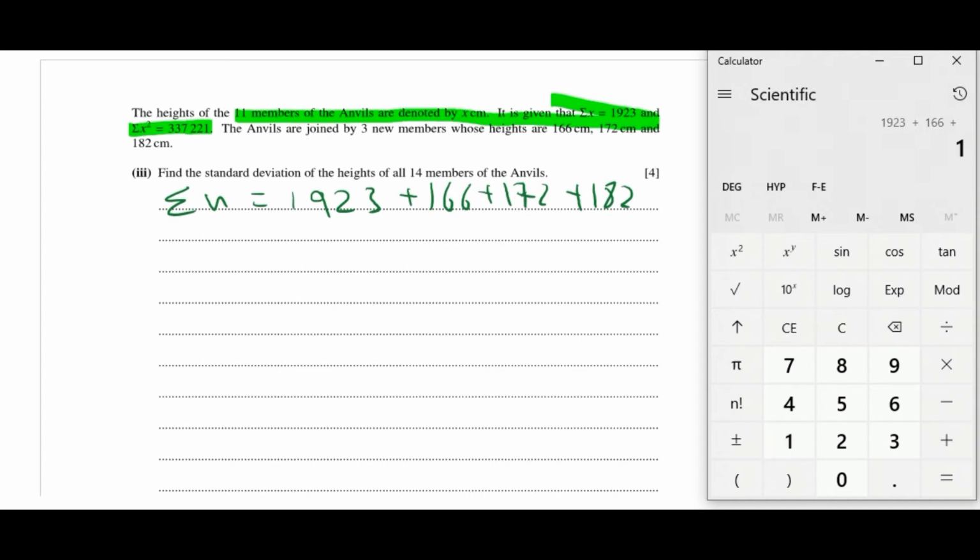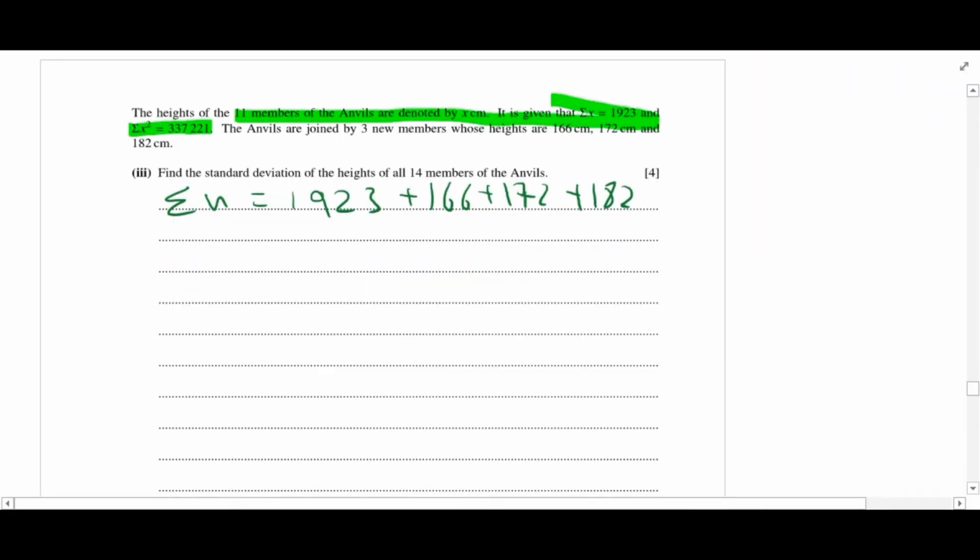That would be 1923 plus 166 plus 172 plus 82. That is 2443. Now we need to find again the summation x square as well.